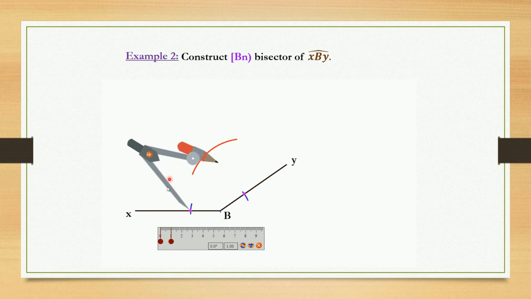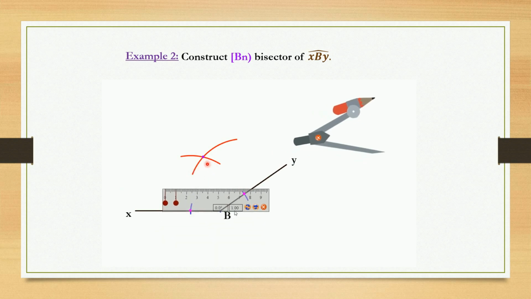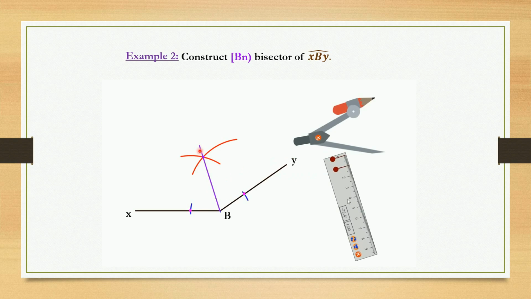Now I keep the same radius. I put the needle on this second point of intersection with BX, and I draw a second arc. These two arcs will meet at a point. Now I draw the semi-line starting from point B and passing through this point of intersection of these two red arcs. And we have our angle bisector BN.